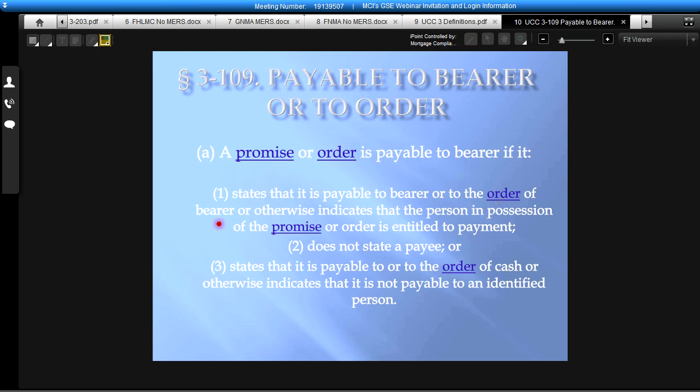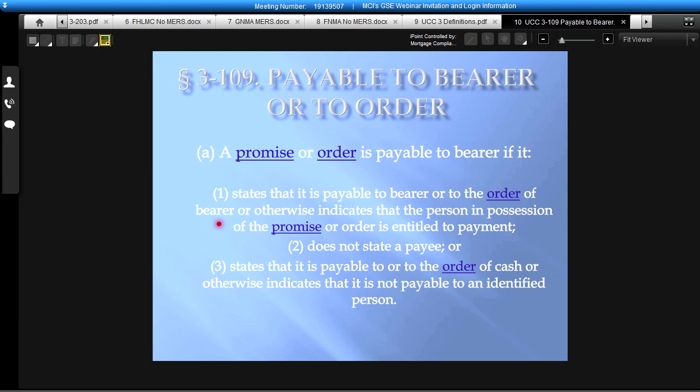Again, states that it is payable to bearer or to the order of bearer. 2, does not state a payee. Or 3, states that it is payable to or to the order of cash, or otherwise indicates that it is not payable to an identified person.